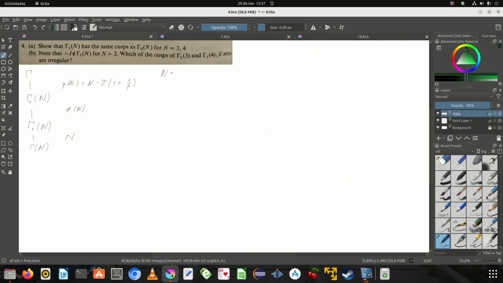And when n equals 3, this is 4, and this is 2, and when n equals 4, this is 6, 3 halves times 4, that's 6, yes, and 2, 4 times 1 minus 1 half, yeah.